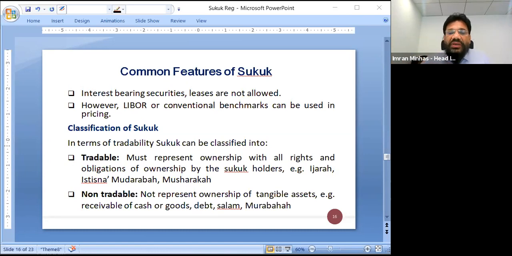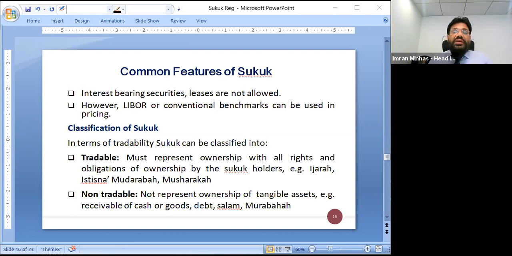So that is tradable. For Sukuk tradability, some scholars require that the tangible assets of the entity should be at least 50% of the total pool. Where the Sukuk investment lies, the tradable assets in that pool must be at least 50%.